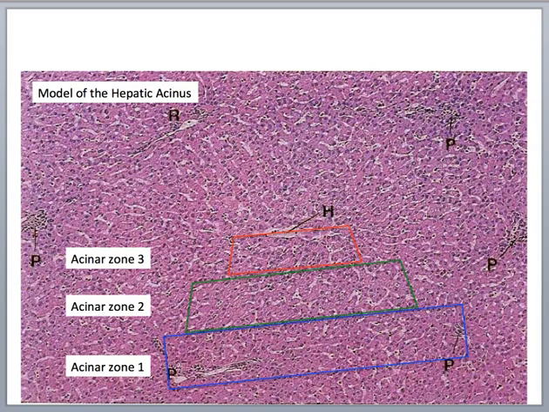This model has a wedge shape in which the two corners of the base of the triangle are the portal areas, marked by P, and this zone between portal areas is acinar zone 1, which contains the most oxygenated blood. The area at the apex of the triangle, acinar zone 3, is located adjacent to the central vein, marked by H, and this contains the least oxygenated blood.